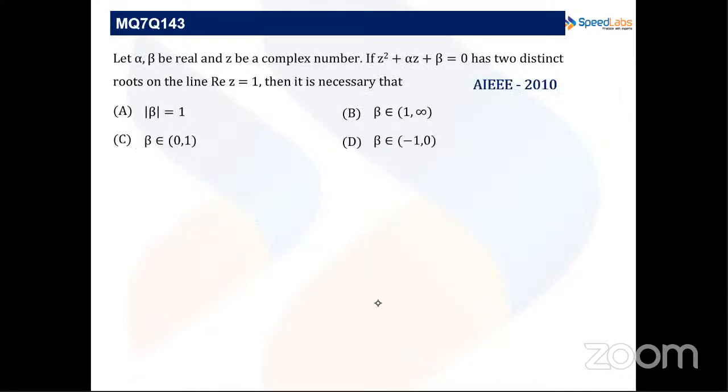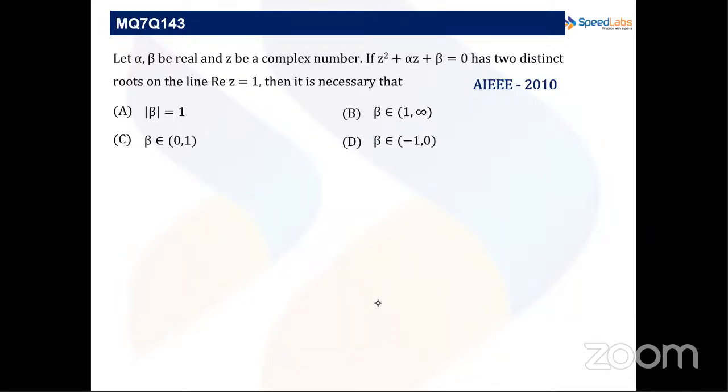We are given alpha and beta be real and z be a complex number.